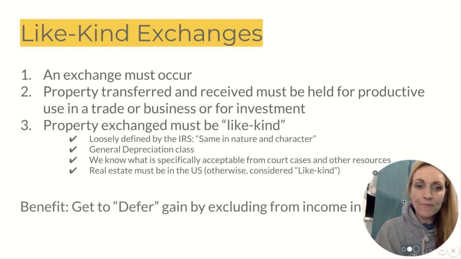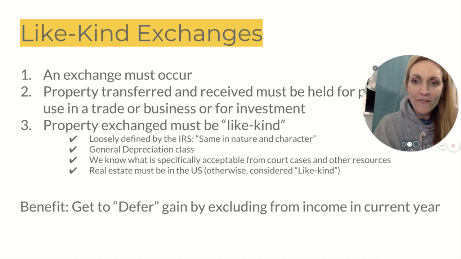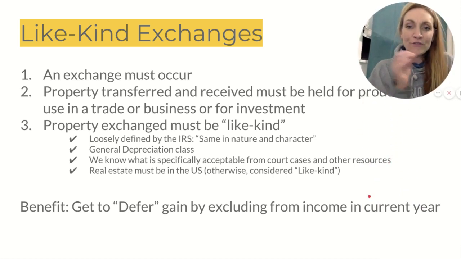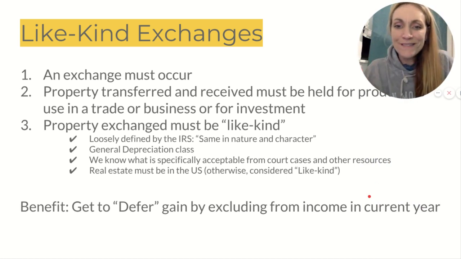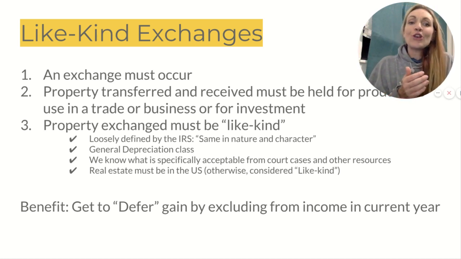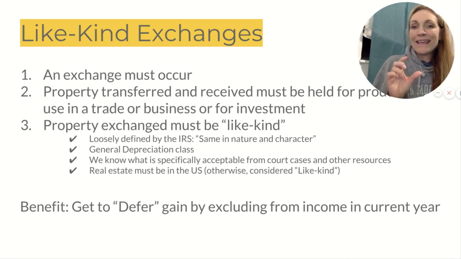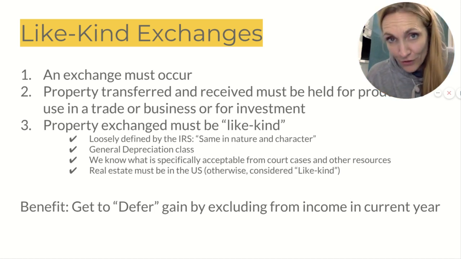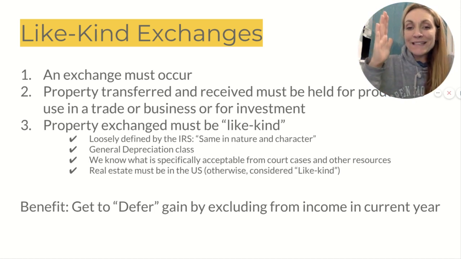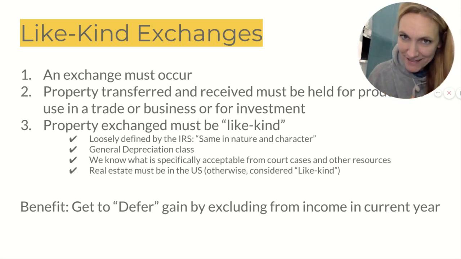So the benefit of qualifying as a like-kind exchange is that you get to defer gain, excluding it from income in the current year. When you sell the property later on, you will then be taxed on that amount. So gain is deferred by decreasing basis.